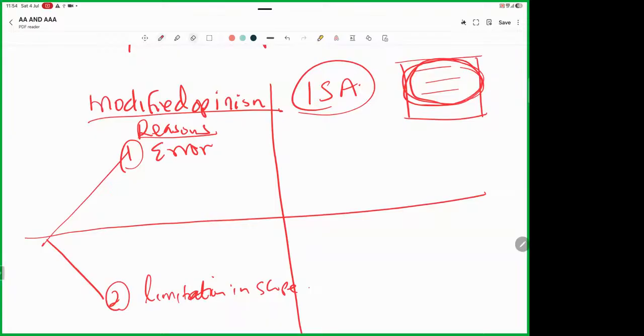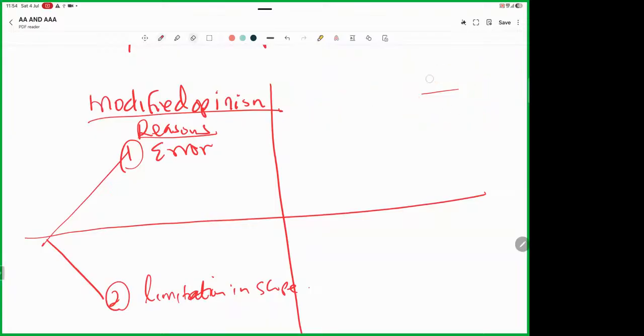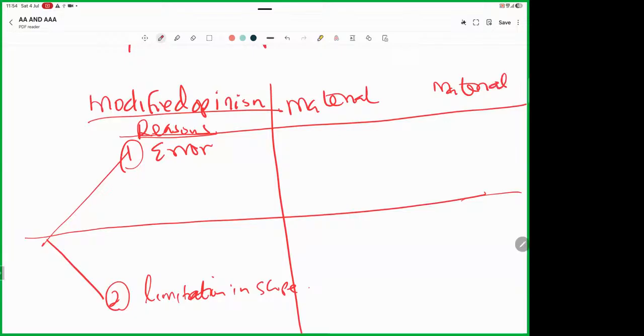As an auditor, once you have been given the job, you are given access, which should not be blocked. If it's blocked, then you have limited my scope. So two things: we have material, and then we have material and pervasive.